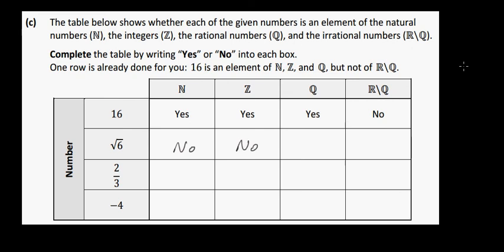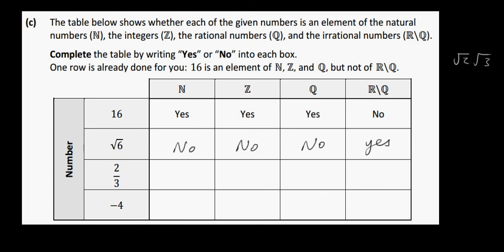Well, the square root of 6 is made up of the square root of 2 times 3, square root of 2 times square root of 3. These are both prime numbers, and the square roots of them are irrational numbers. So the square root of 6 is actually an irrational number. So it's not rational, but it is irrational.